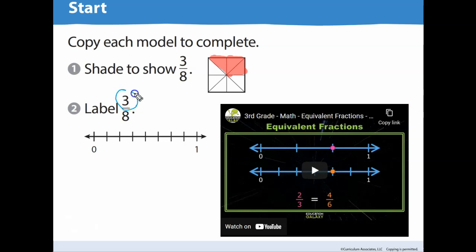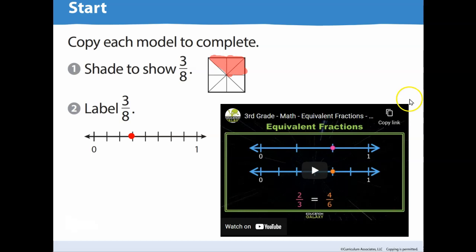So basically, how many jumps am I going to make? 3 from 0, correct? So look, 1, 2, 3. That's where my dot is. Okay, that's 3/8. Just like that.